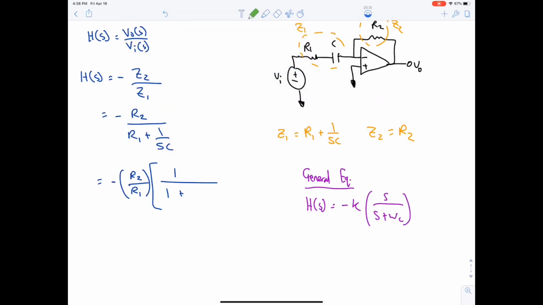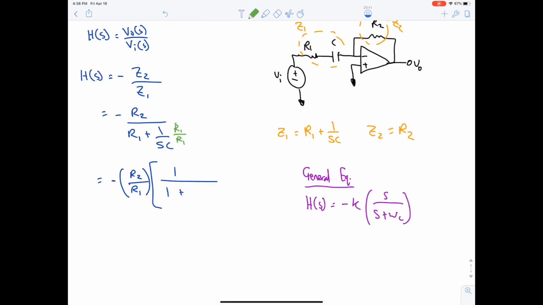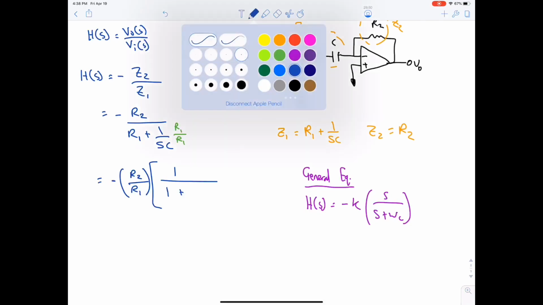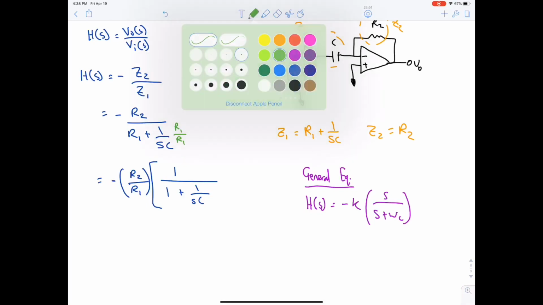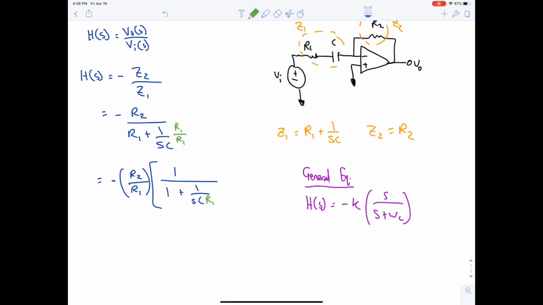There's no R1, so let's assume there's R1 over R1, which is 1. If you take out the top R1, you will be left with the bottom R1. So here you will end up with 1 over SC and R1 at the bottom.